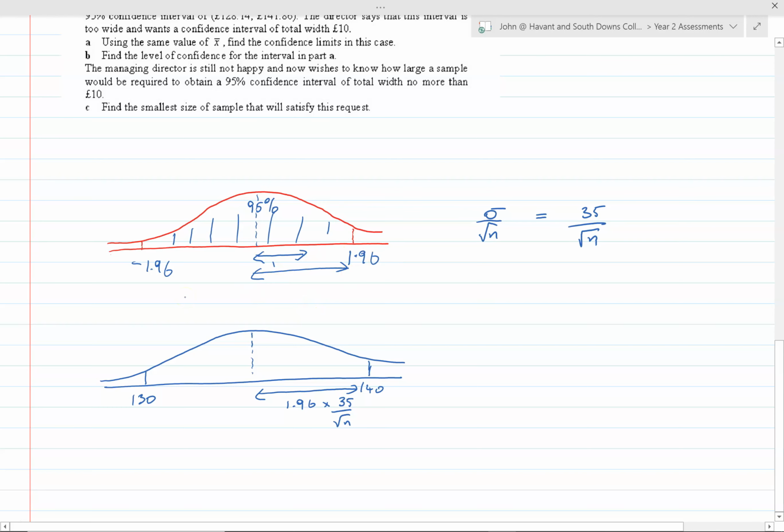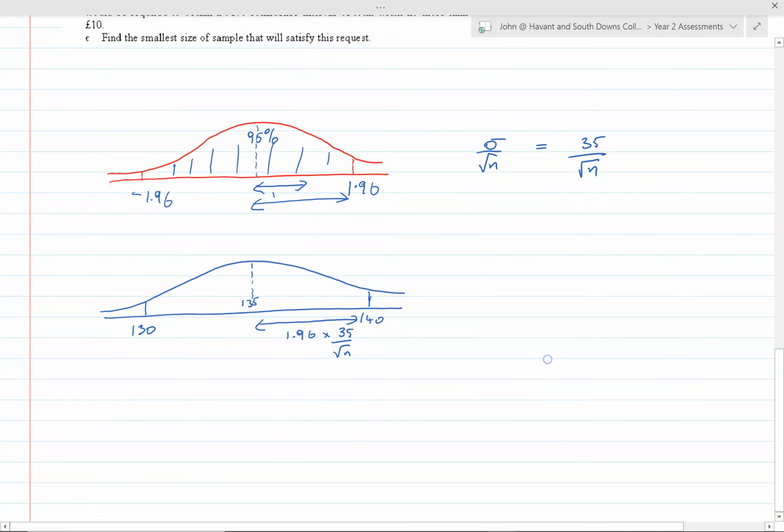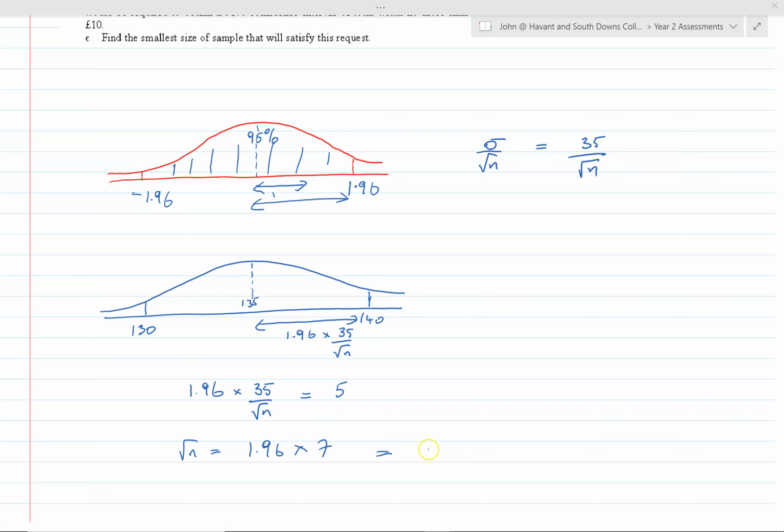We want that length to be 1.96 times the standard error to work it out. So we can therefore work that out, because the length is obviously 5. So you have 1.96 times 35 over the square root of n is equal to 5. So that gives us a square root of n is equal to 1.96 times 7, which is equal to 13.72.